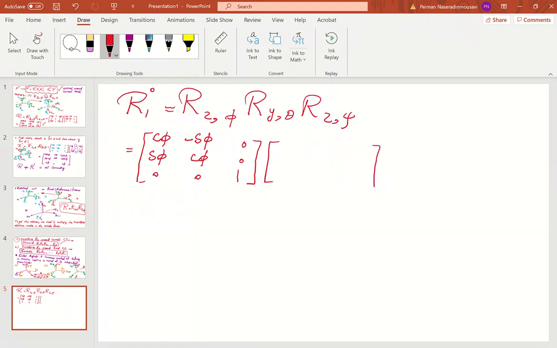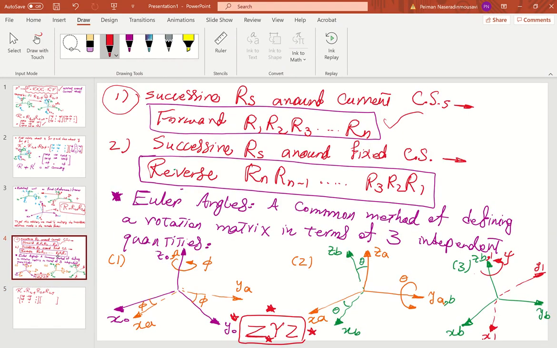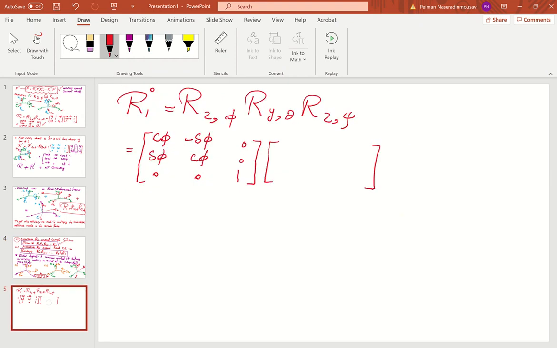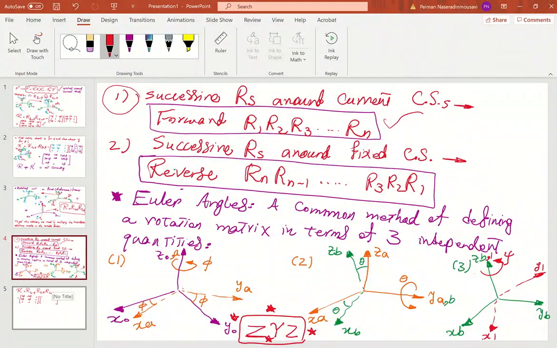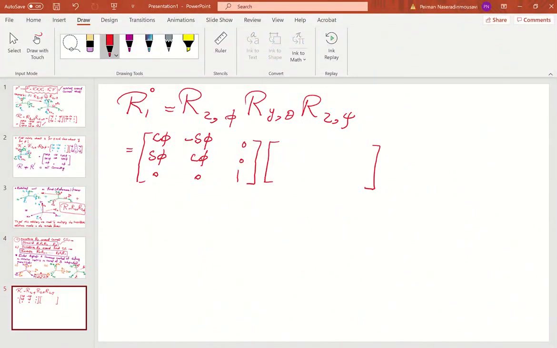Now the rotation around y: xb with respect to xa is cosine theta, 0, minus sine theta. Obviously 0, 1, 0, since the rotation is around y.